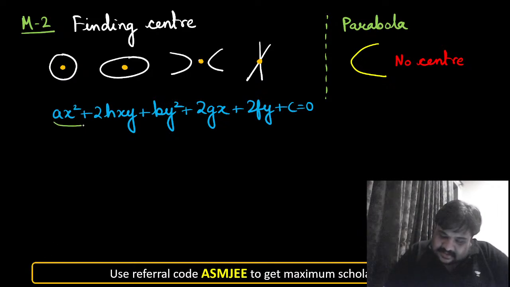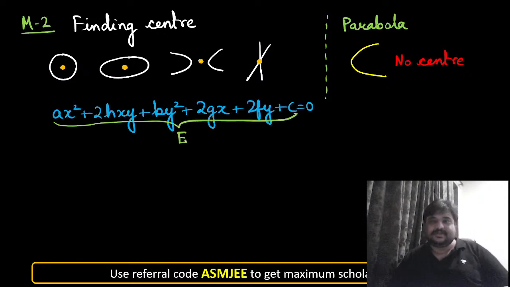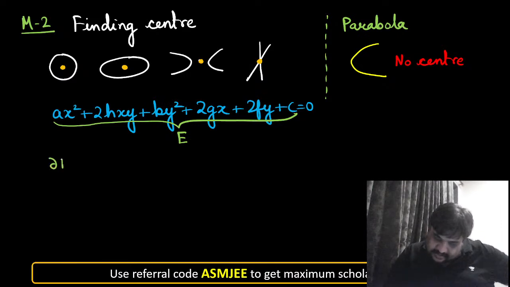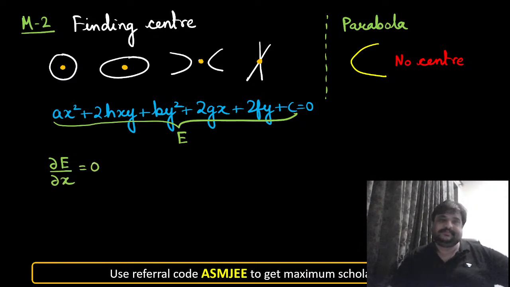Let us call this equation E. Apply partial derivatives on E: del E by del X equal to 0, and del E by del Y equal to 0.